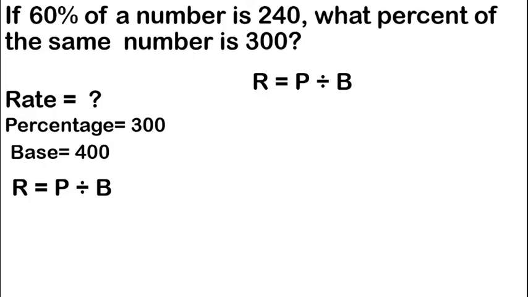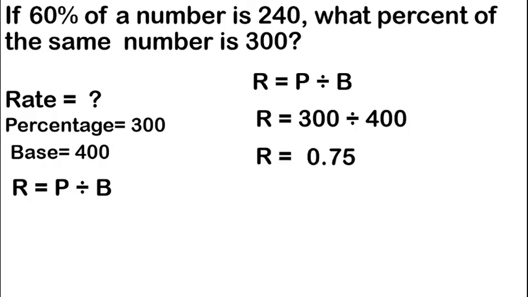So we substitute: 300 divided by 400. If we divide this, we got 0.75. Because 0.75 is a decimal, we need to convert it into percent by multiplying by 100. 0.75 times 100 is equal to 75%. So it means that the missing percent of the same number for 300 would be 75%.